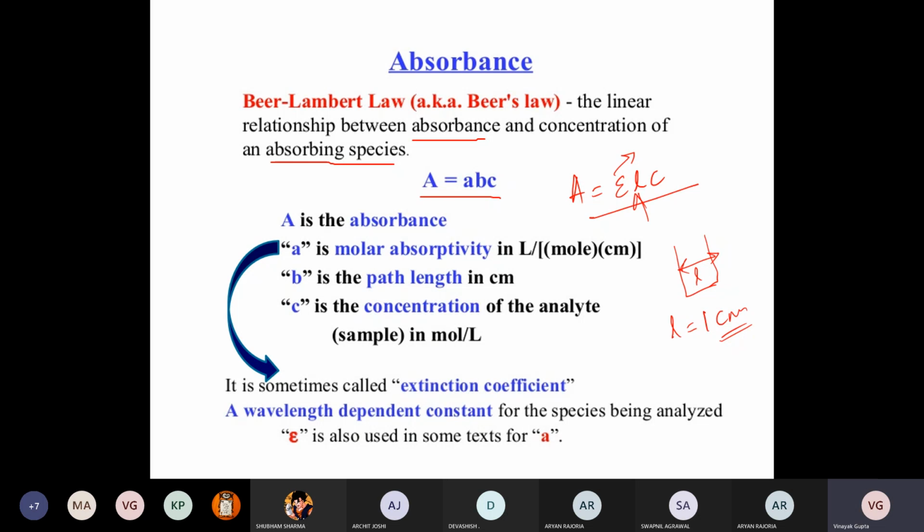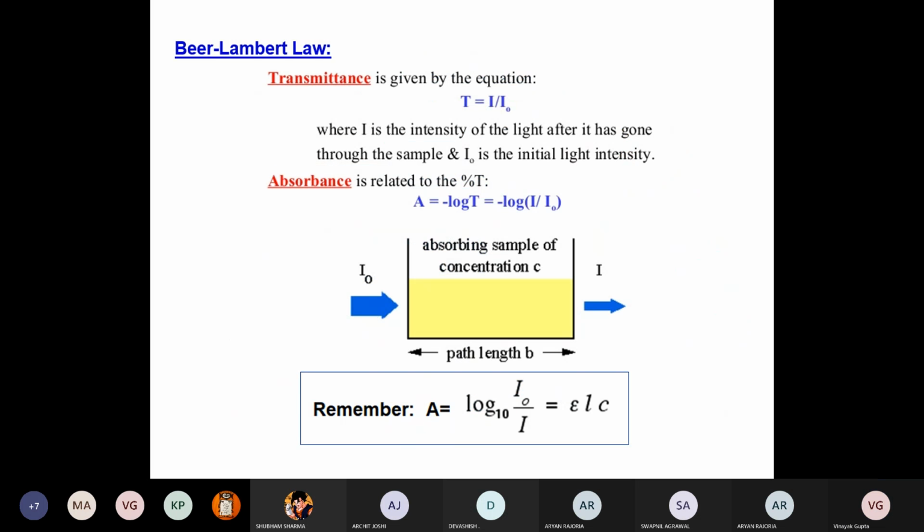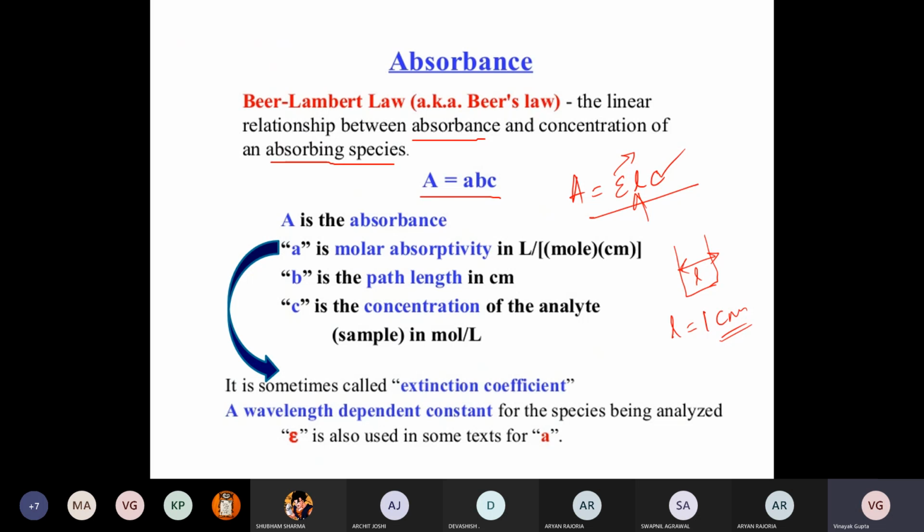And C is the concentration. So if we know the absorbance, the extinction coefficient, and the path length, we can calculate the concentration of any sample, not only DNA or RNA, any biological sample. So this is one formula: A is equal to epsilon LC.